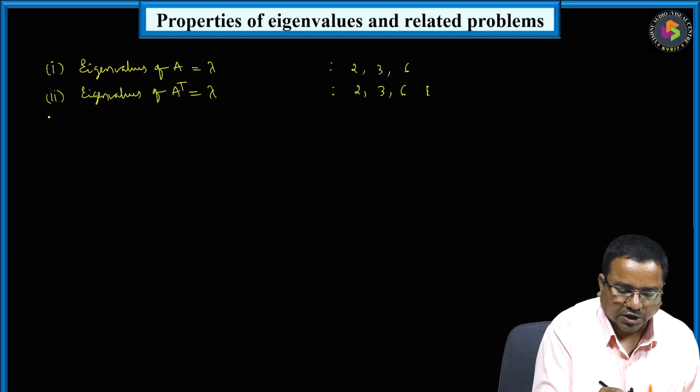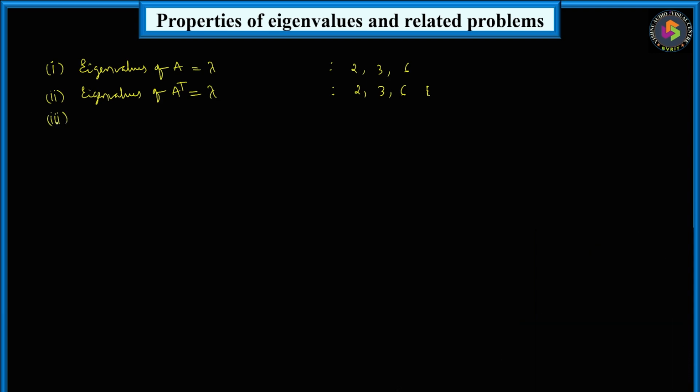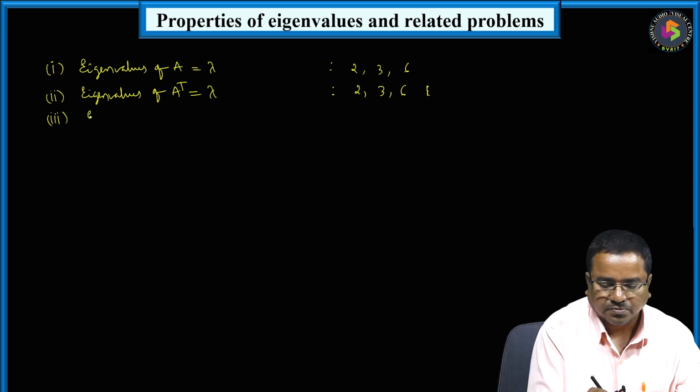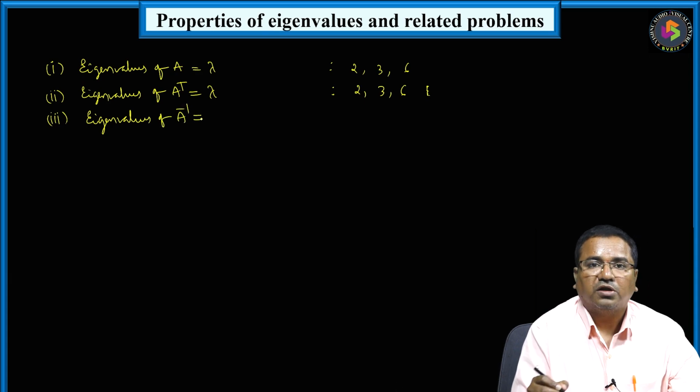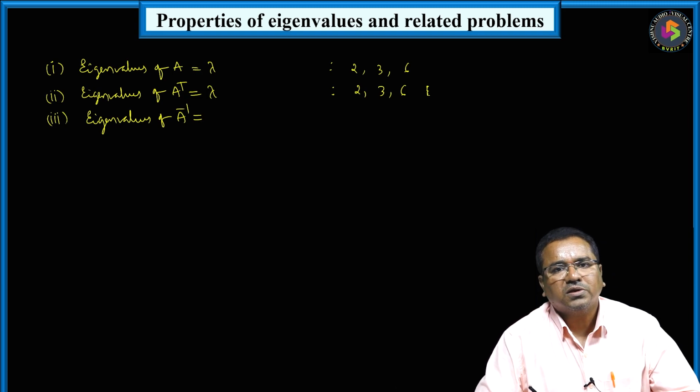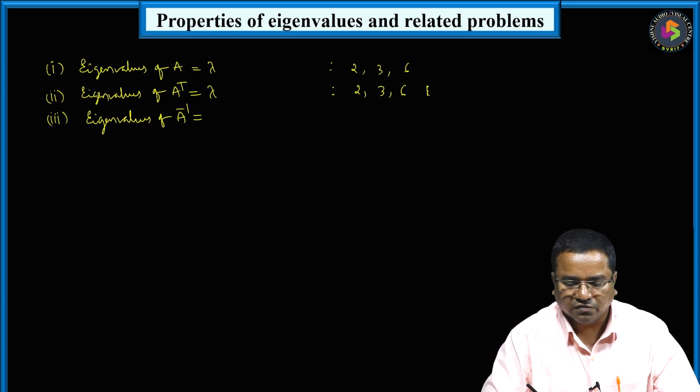Okay. The next one, the third one, is eigenvalues of A inverse. We know if lambda is an eigenvalue of A, then lambda inverse is an eigenvalue of A inverse.